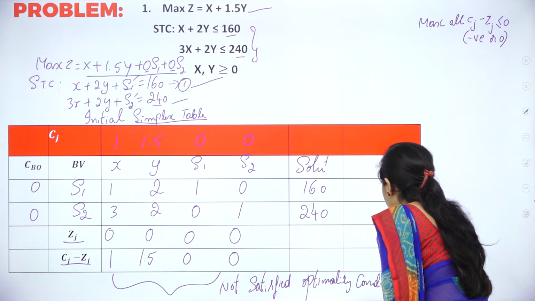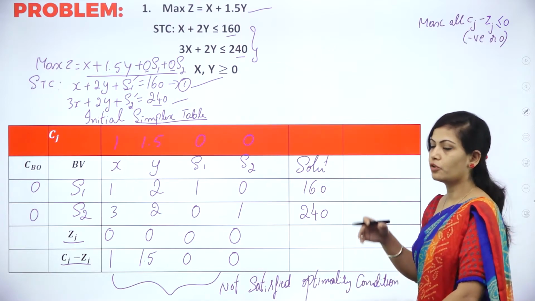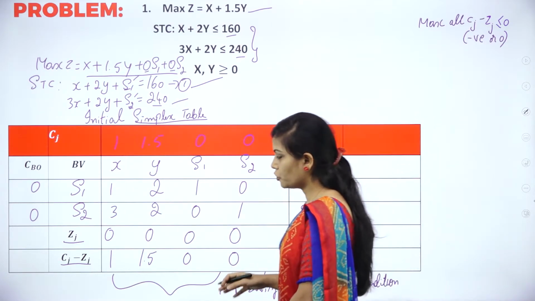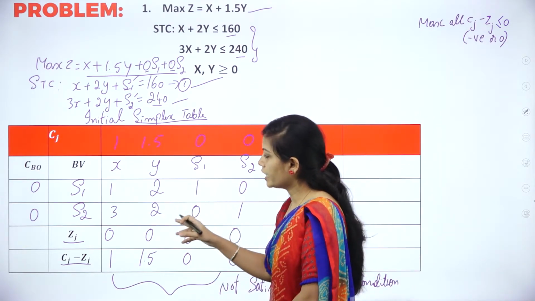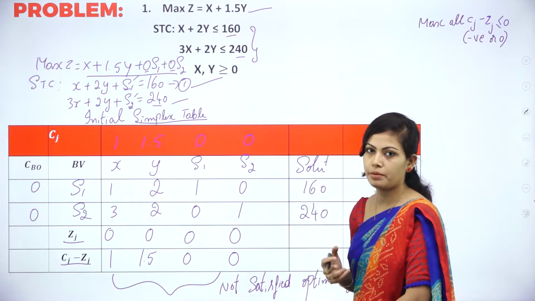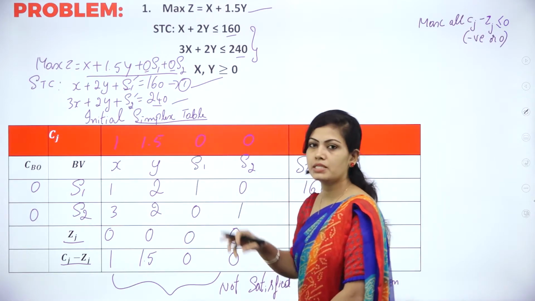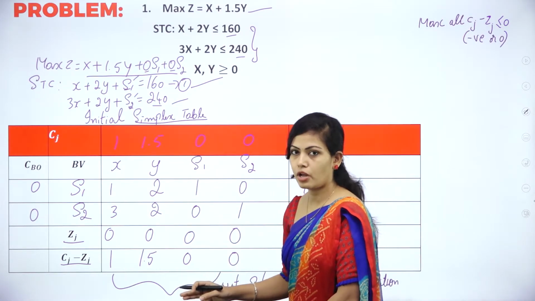If it is not satisfying this optimality condition, we can go further for the next iteration. Before that, you have to find the key column, key row, and also the key element. That is the main thing you have to find in the initial simplex table. So, how to find the key column here?